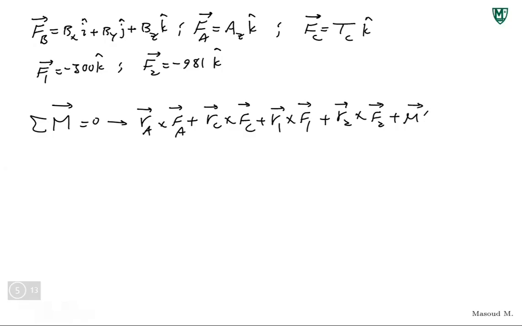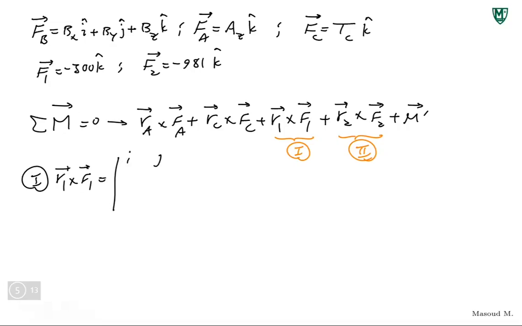All right, same story. I'll try to make it a little shorter. Actually, the first one is easy to do. So let's do these two. The first one will give you R1 cross F1, right? i, j, and k.